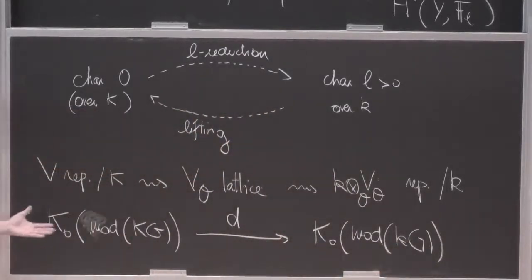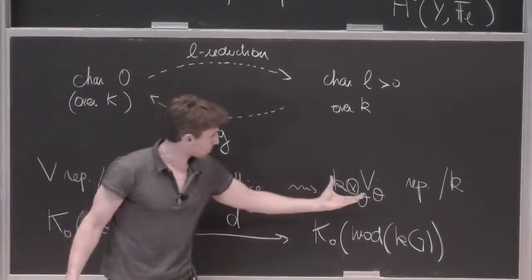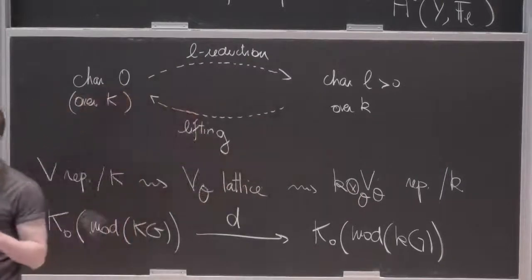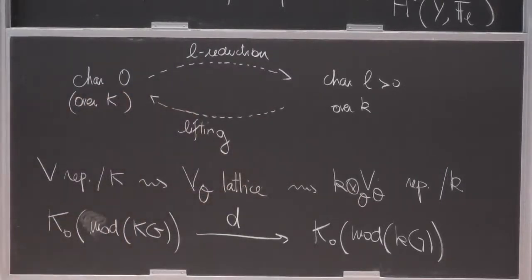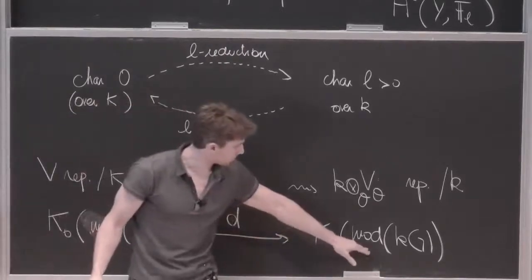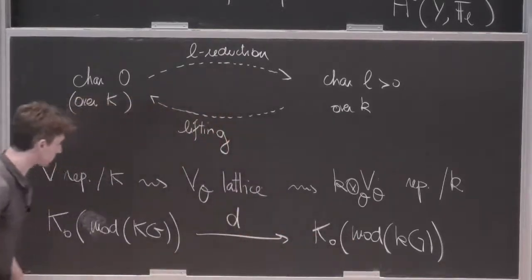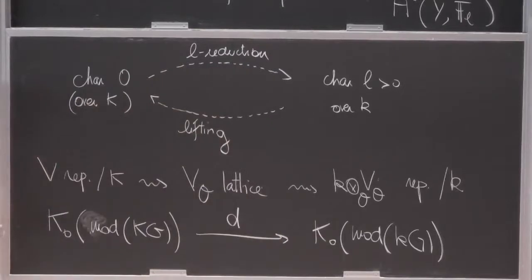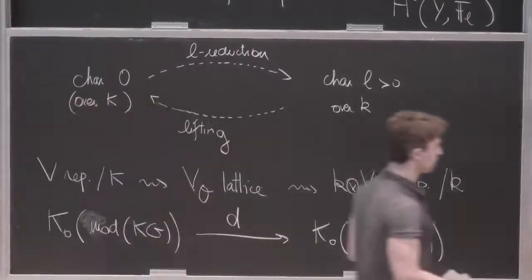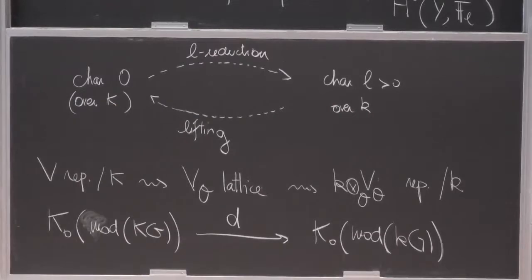But if you really want to remember what it is, just take some lattice, you end up with some representation, and you look at all the simple subquotients of the representation together with the multiplicities, and that encodes some elements in here. Okay, so that's going in one direction.